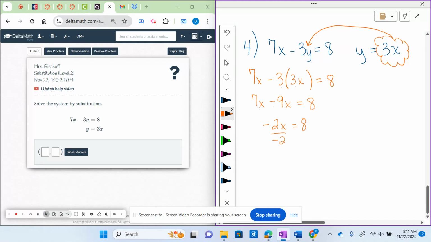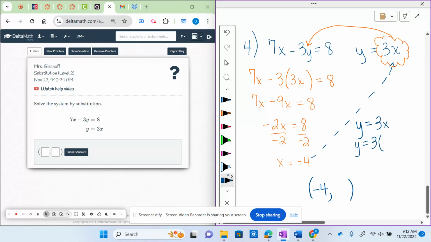Divide both sides by -2. X equals -4. Remember that every solution to a system is an ordered pair. I know the x coordinate. I need to find the y coordinate. How am I going to do that? Y equals 3x, and then replace that x with a -4.